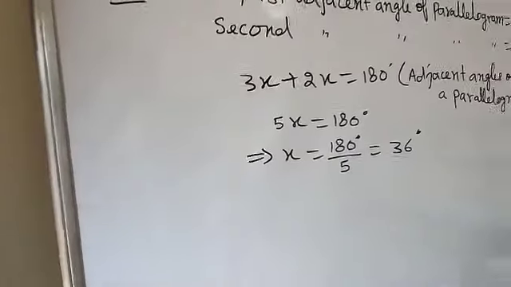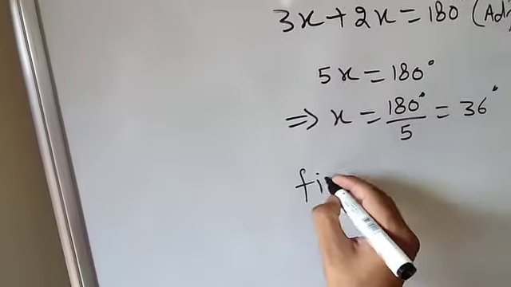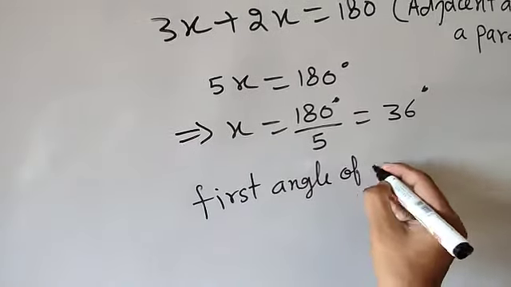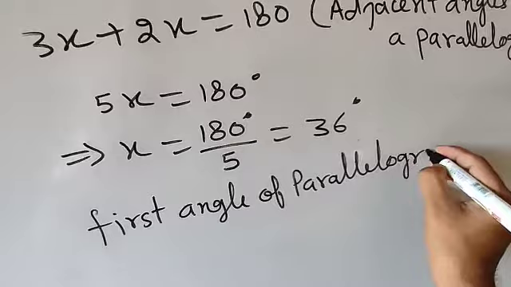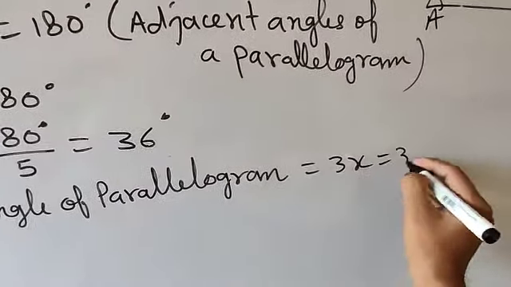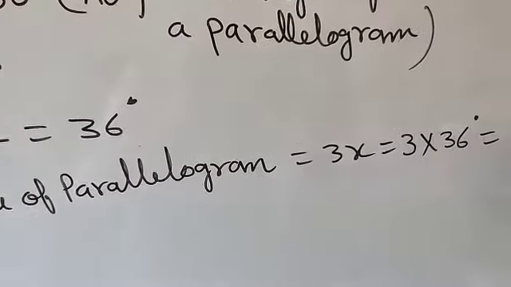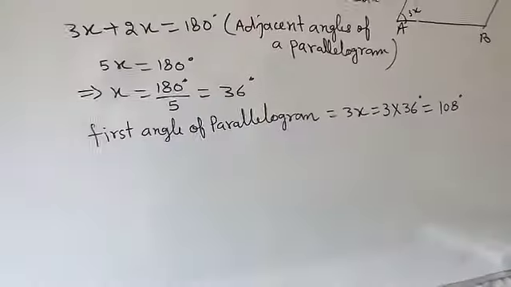So what is the value of x? 36 degree. So first angle of parallelogram is equal to 3x. It is equal to 3 into x is 36. 3 into 36 degree, that is equal to 108 degree.